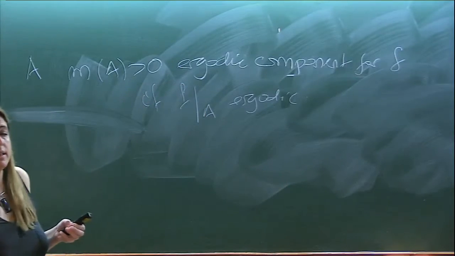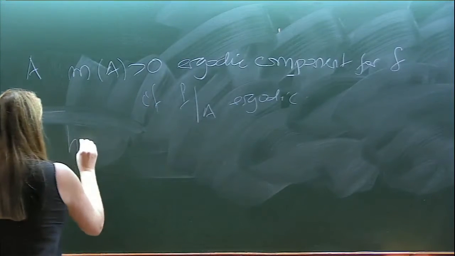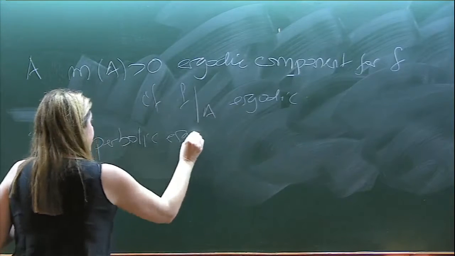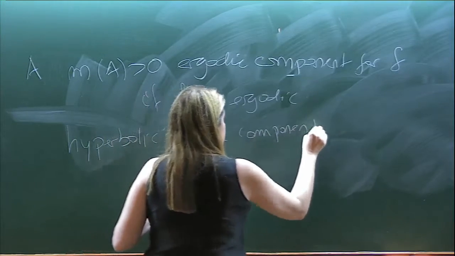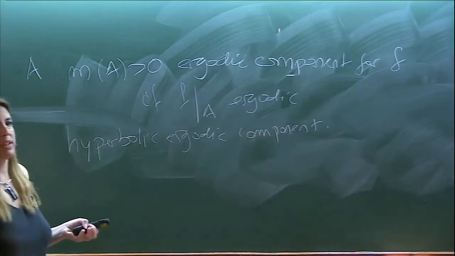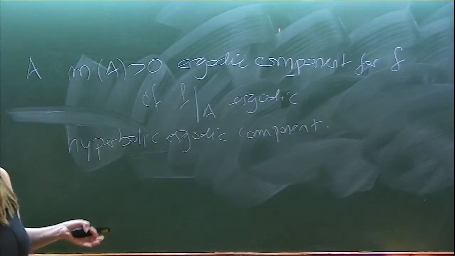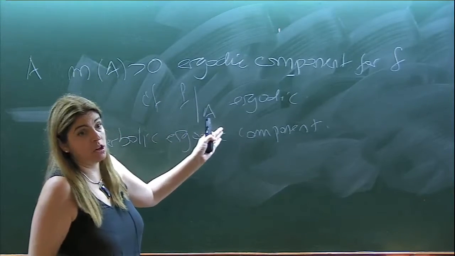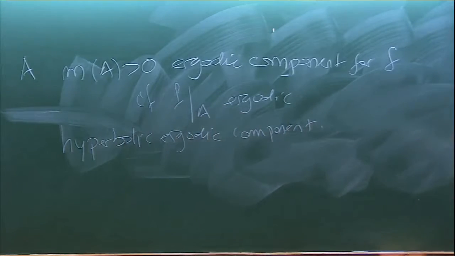And I will say that this set is hyperbolic if all Lyapunov exponents on A are different from 0, which will be constant since F on A is ergodic, okay? So I have a big ergodic component.